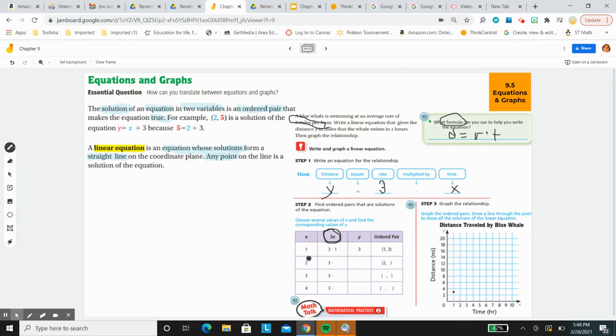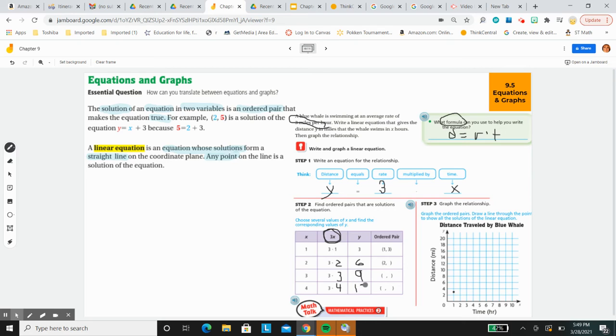If I change that now to 2 hours and put a 2 in here, I have 3 times 2, which is going to be an output of 6. If I put a 3 in here for x, 3 times 3 gives me an output of 9. And so forth. I'm going to follow along in my pattern, just as my table shows me, and this is going to become a 12.